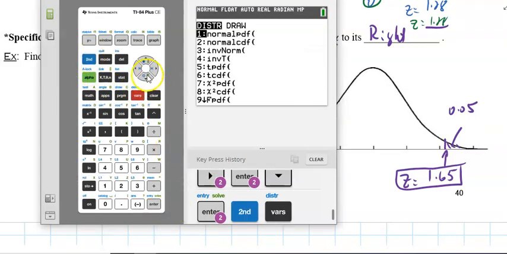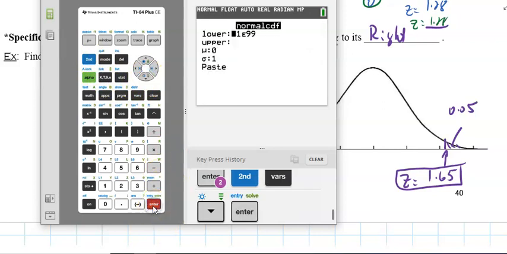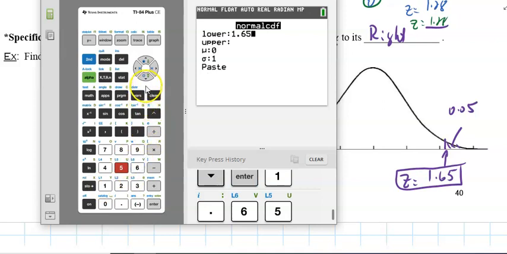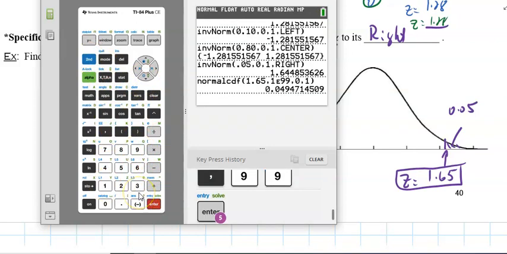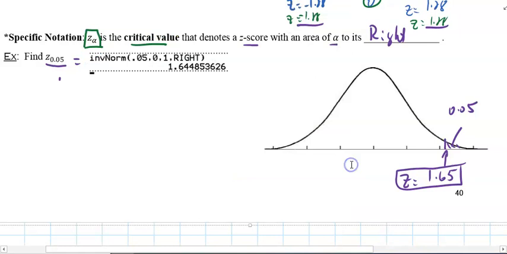I wouldn't use normal, I'll use the CDF. The area, lower end is 1.65. The upper end is 1, e to the 99. What's the area? 0.0494, which is round to 5%. And that's pretty much it for this section.